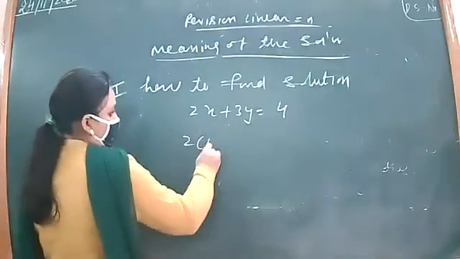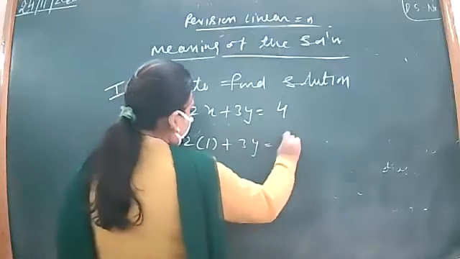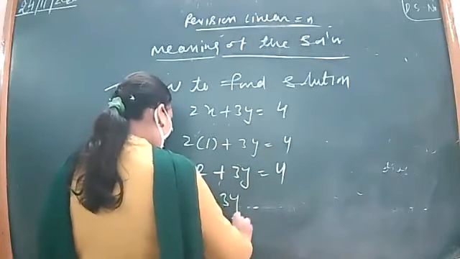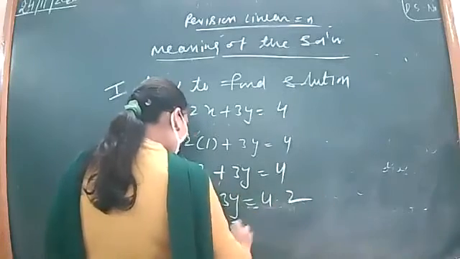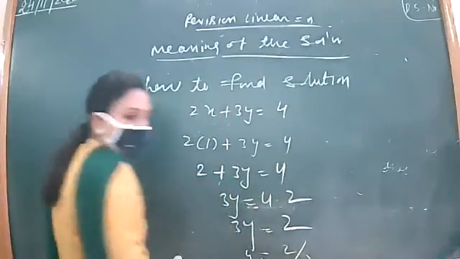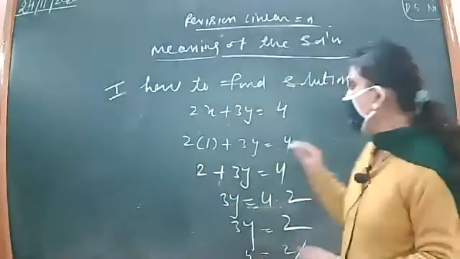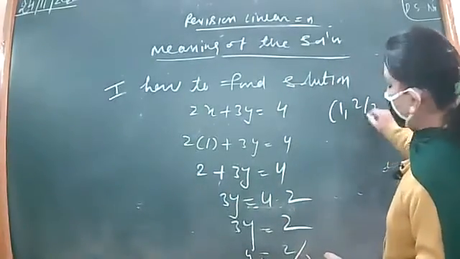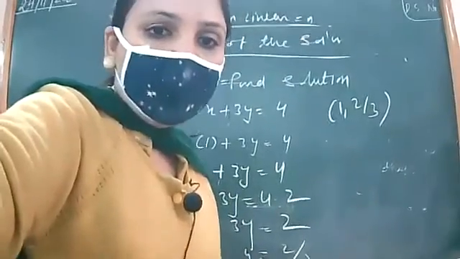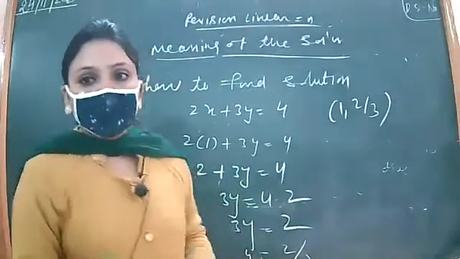Putting x as 1, we get 2 plus 3y equal to 4, 3y equal to 4 minus 2, 3y equal to 2, and y is equal to 2 by 3. So the solution we are getting is 1 comma 2 by 3. This is the solution of the equation.